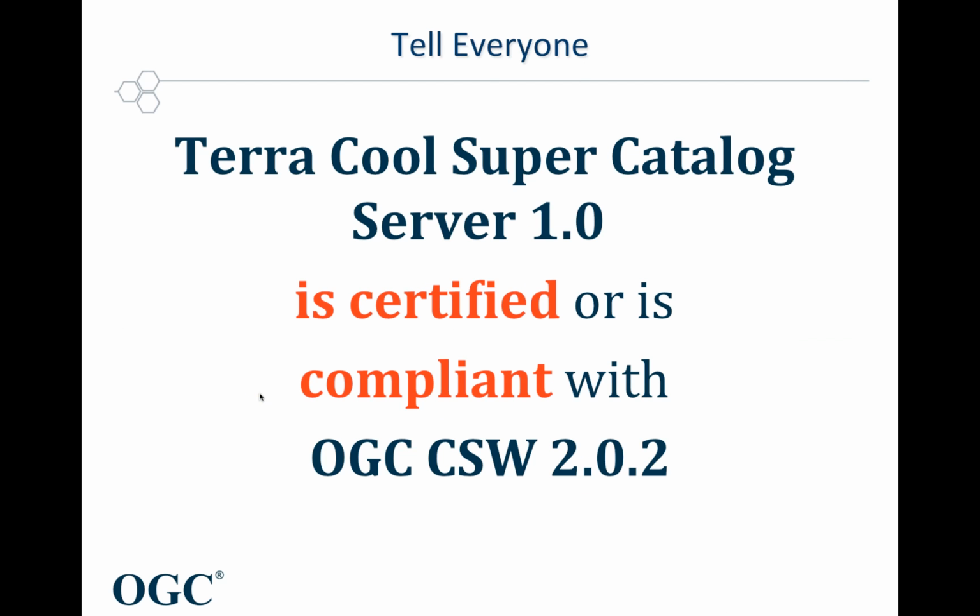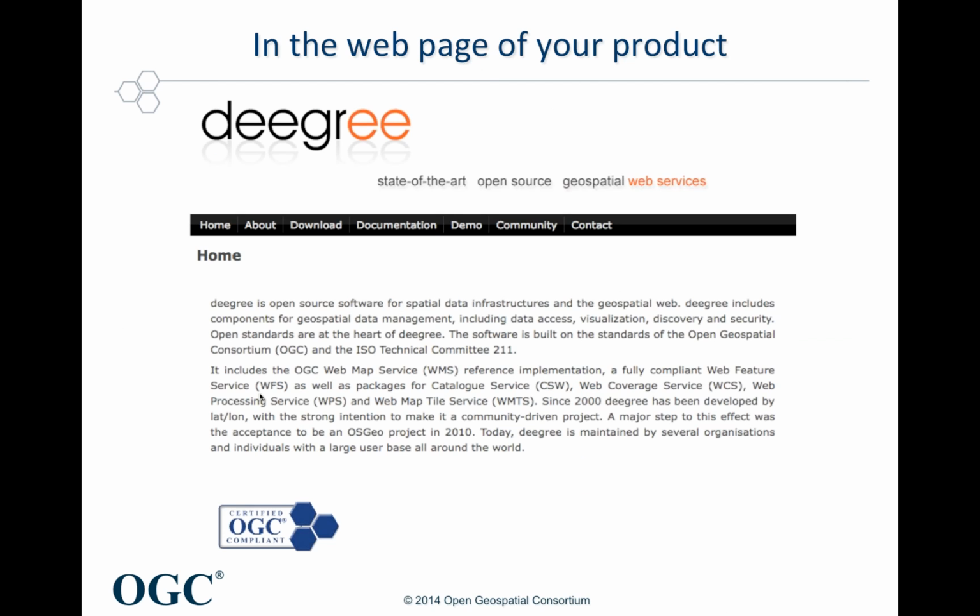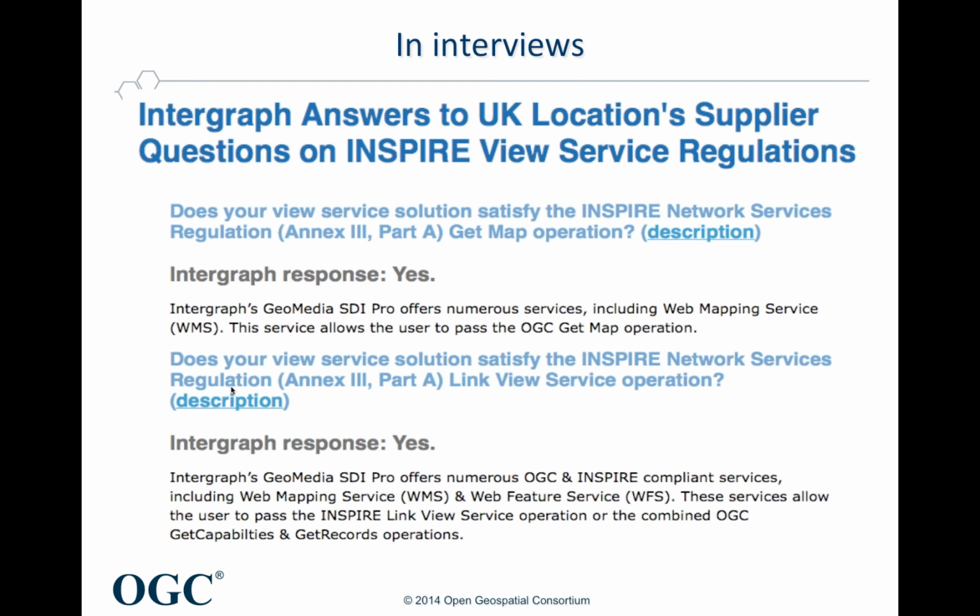Now, how do you do it? Sometimes, for example, these folks just put the logo on their website. You know, that's one way to do it. Sometimes in interviews, right? It's an example of Intergraph, an interview, and they say, yes, Intergraph, you meet SDI, offers OGC compliance services.